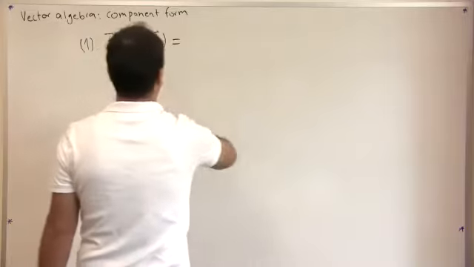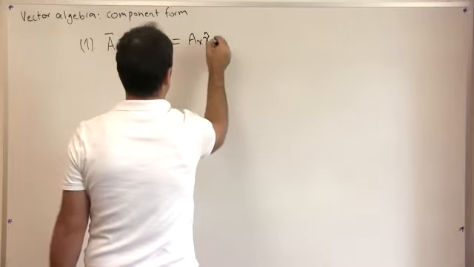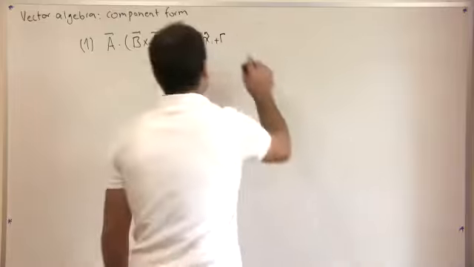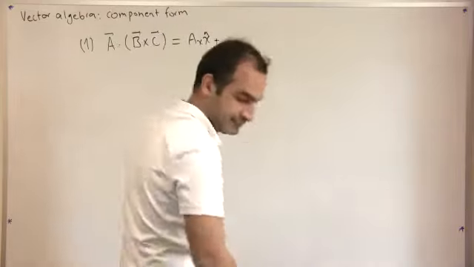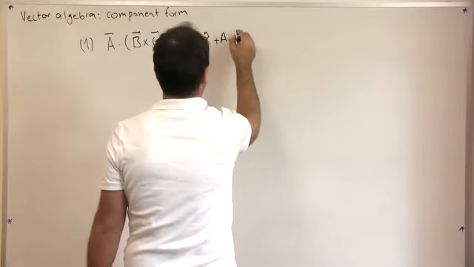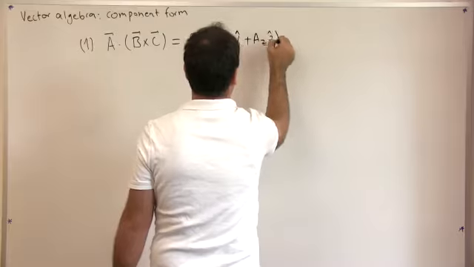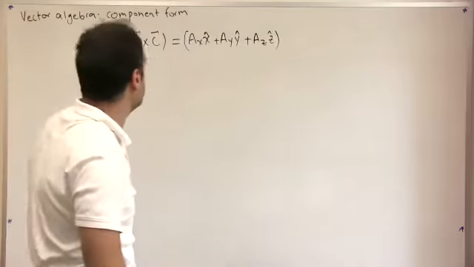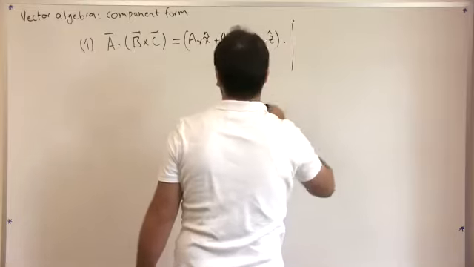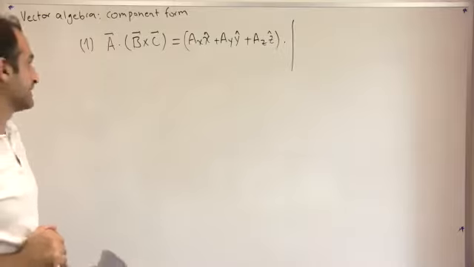If I write it in component form, the first one I can write as AX X hat, AY Y hat, AZ Z hat. So this is A, and we are doing the dot product of this by the second one, which is actually the determinant that I just told you guys.